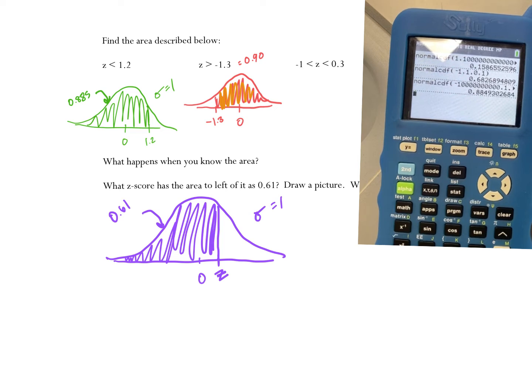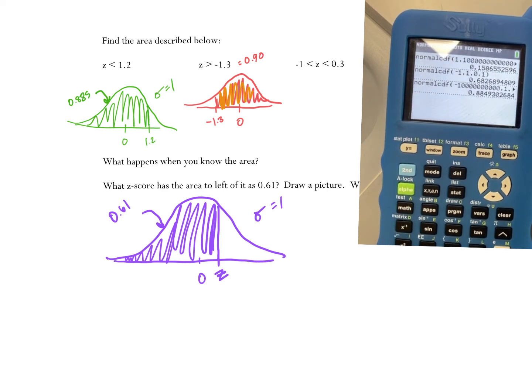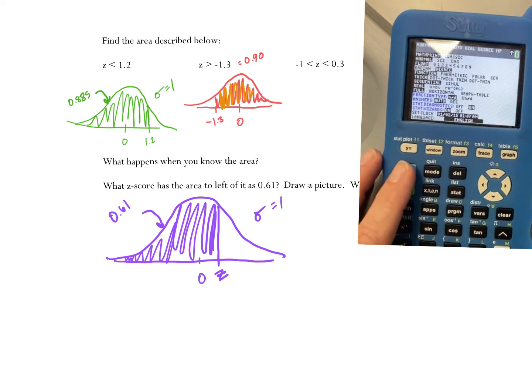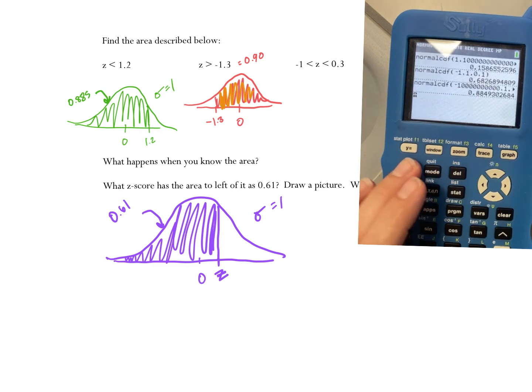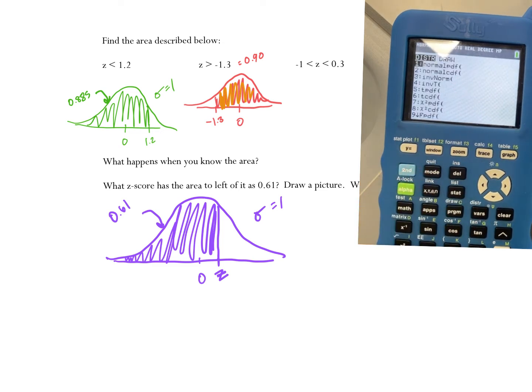What do you think? I mean, essentially, we're asking the calculator to work backwards. And in the math world, working backwards means using the inverse operation. Okay? So go ahead and hit second vars again, and this time you're going to bring up the option number 3, inverse norm.